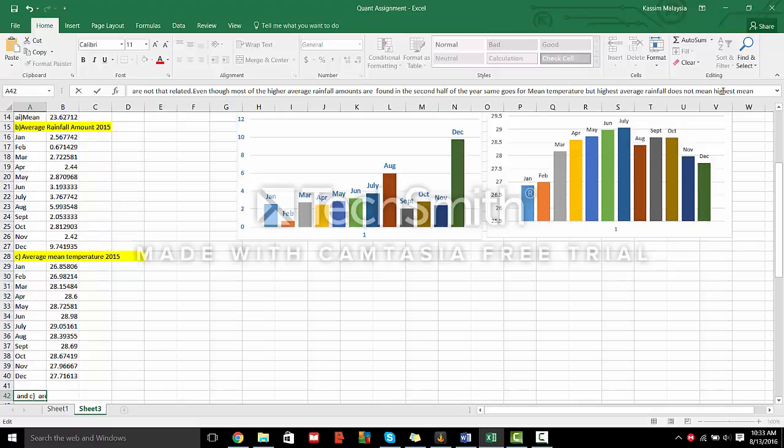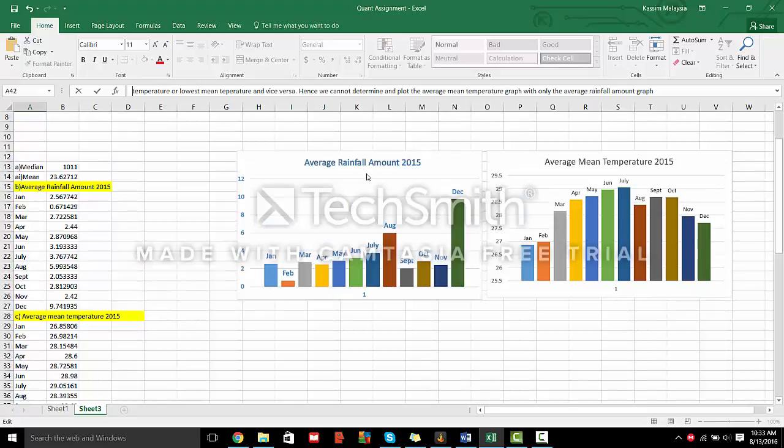The highest average in December doesn't relate to the highest rainfall amount, or vice versa, or the lowest either. So it's impossible to plot one graph based on the other graph.